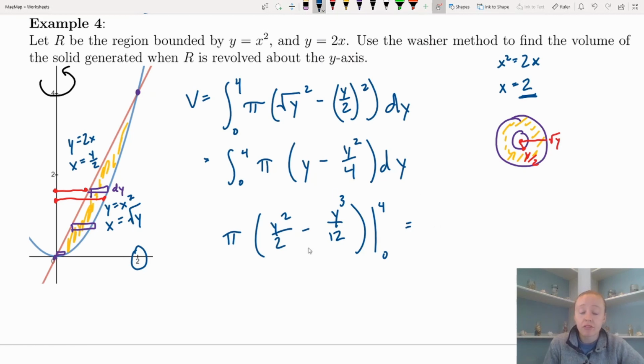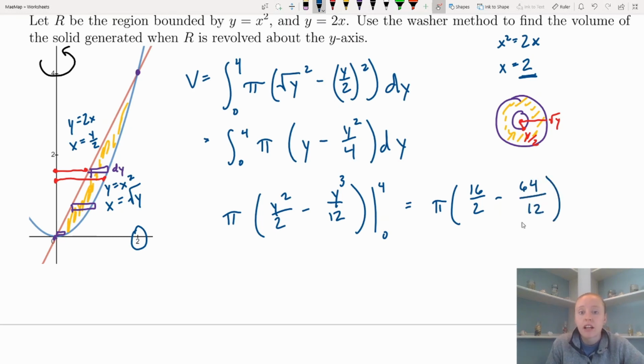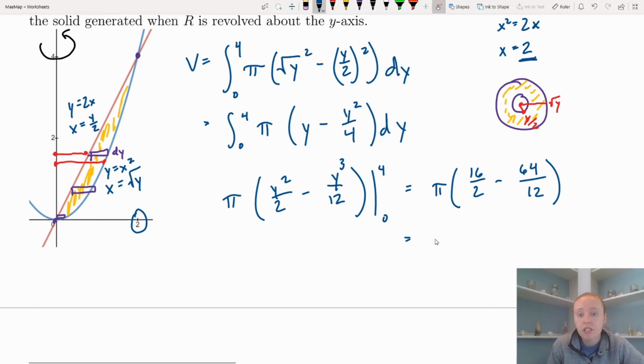So plugging in 4, I'll get pi times 4 squared is 16, so that's 16 over 2, minus 4 cubed is 64, and that's all over 12. And when I plug in 0, I'll get 0 for that term, so I don't have anything to subtract. So pi times 16 over 2 simplifies down to 8, minus 64 over 12 simplifies down to 16 thirds, because both 64 and 12 are divisible by 4.